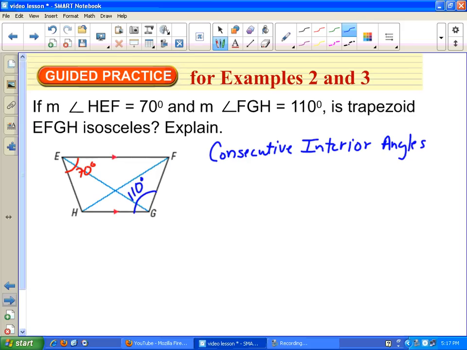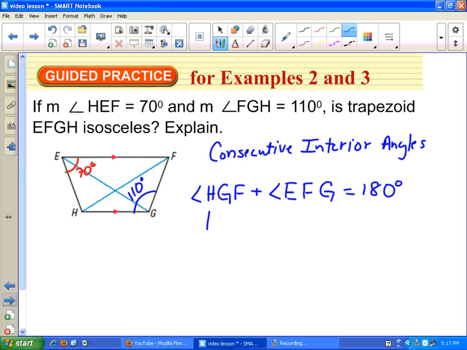We have our consecutive interior angles. We know that angle HGF plus angle EFG must equal 180 degrees.